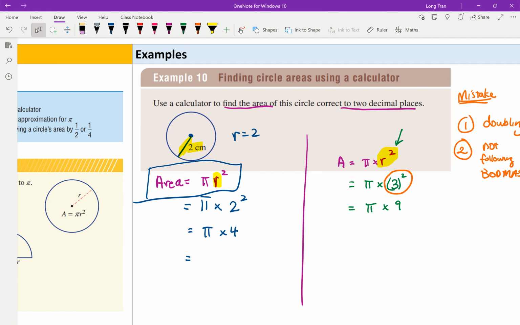Okay, so here we go. Pi times 4. You should be getting 12.566370614. You don't have to write them all. But the question asks you to give the answer correct to 2 decimal places. Very good.